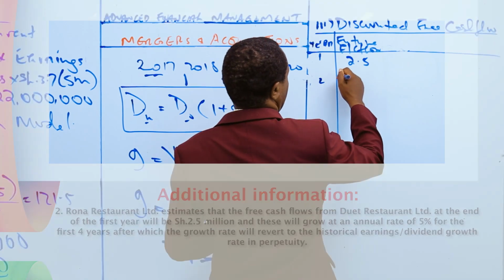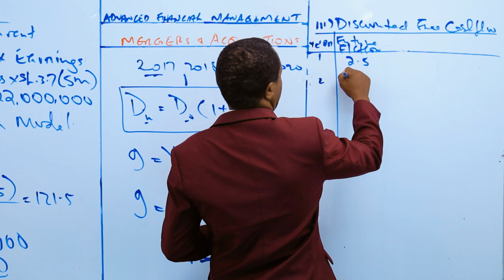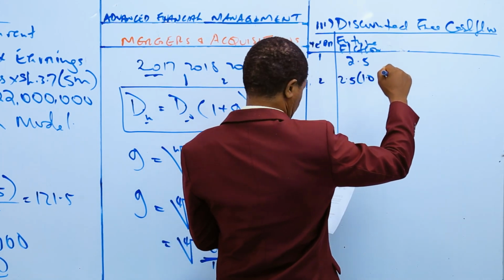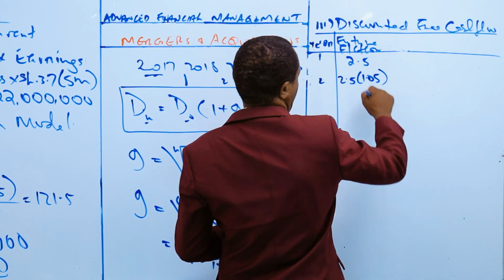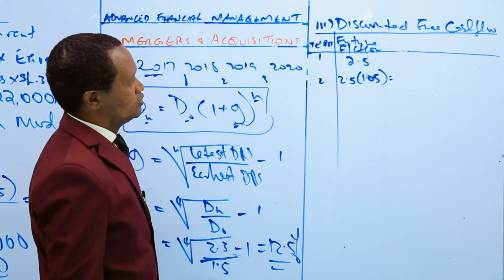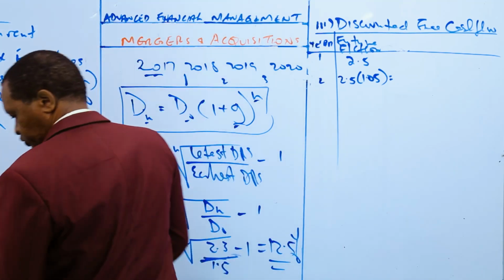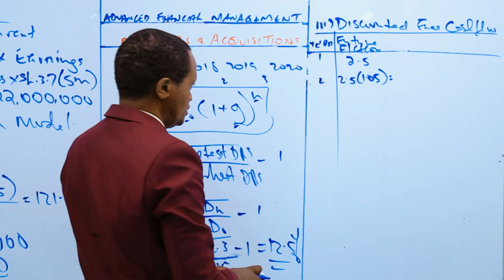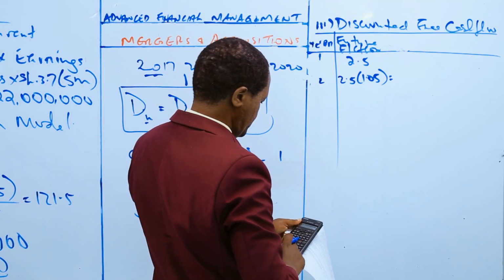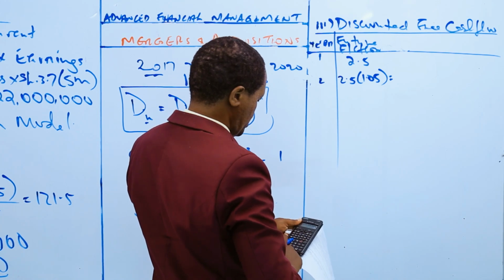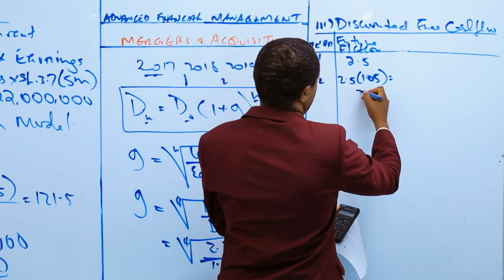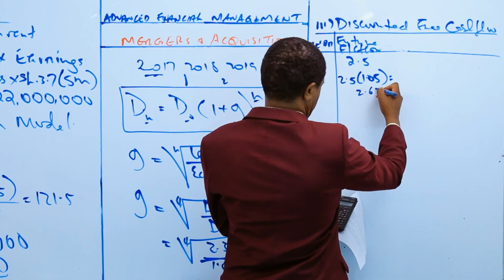So we have 2.5 times 1.05, which gives us 2.625.